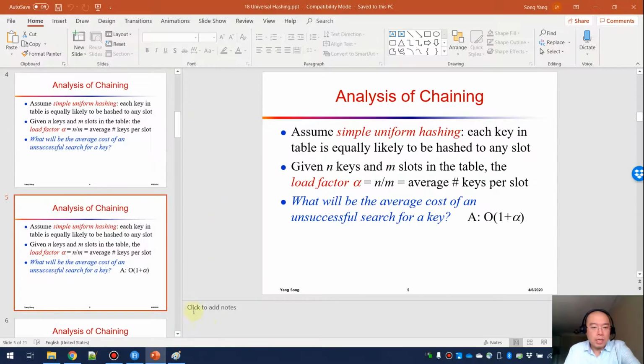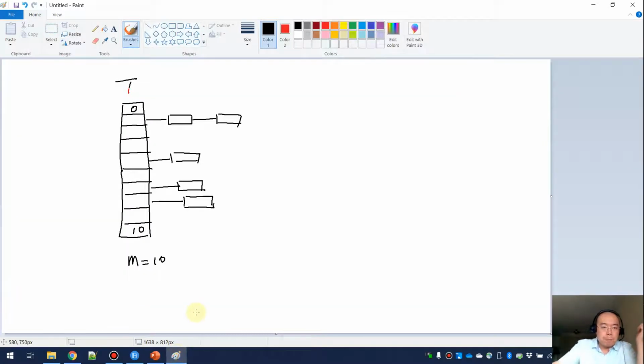So let me draw an example here. We have already got a linked list, and the M is 10, saying we have a total of 10 slots. And then if you count, there are 1, 2, 3, 4, 5 values there. So N equals 5. And then if you want to check the alpha, alpha is 5 divided by 10, right?